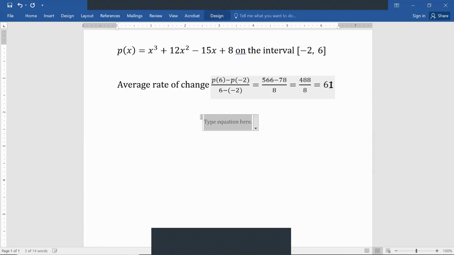If I want to find the value of x on this interval whose instantaneous rate of change is also 61, then I take the derivative. That's going to be 3x squared plus 24x minus 15. I want to figure out when that could be 61.